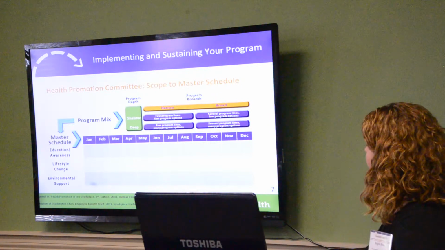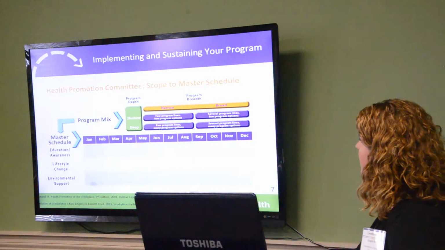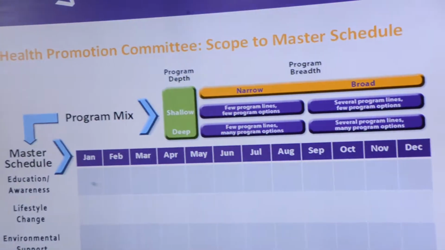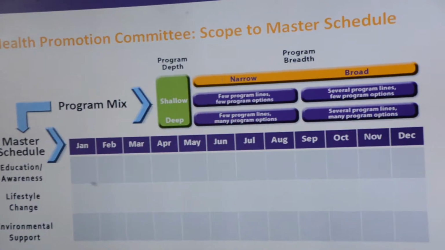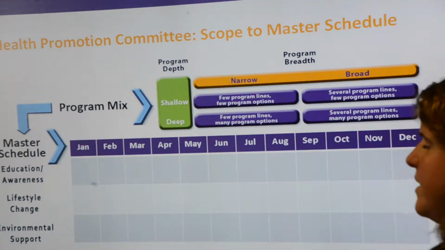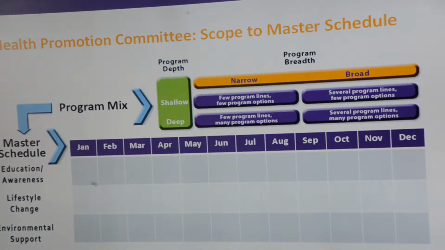This talks about planning for optimal performance, and how the health promotion committee can have a master schedule. And we just wrote a really great SMART goal, and I think pertaining that to this schedule is very realistic.